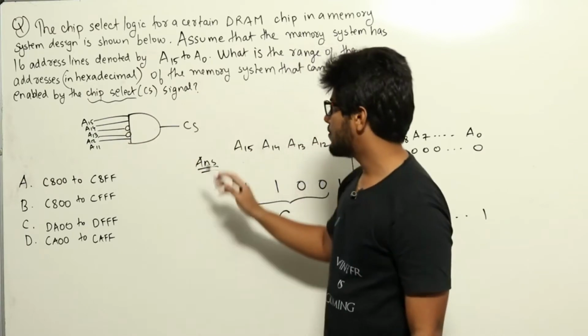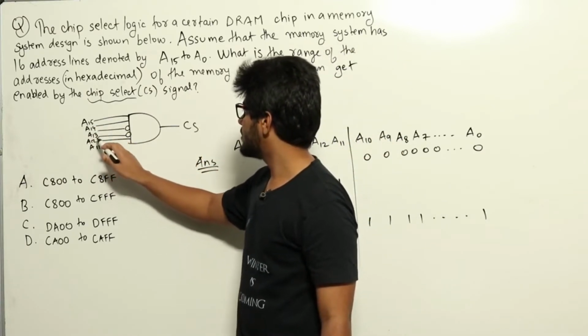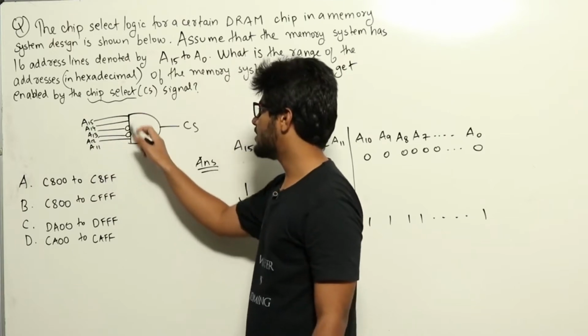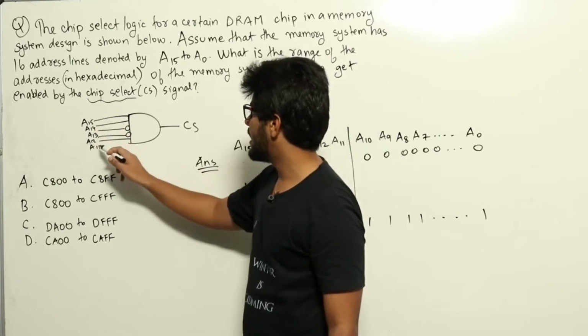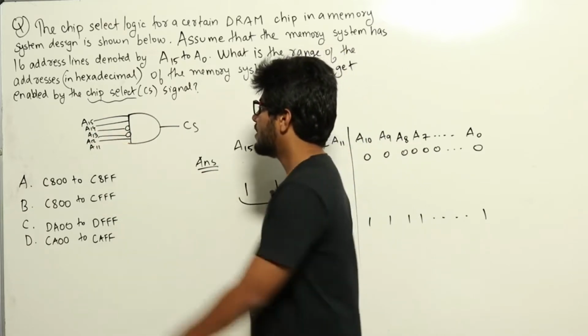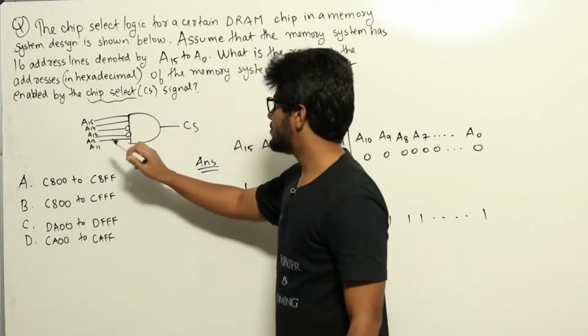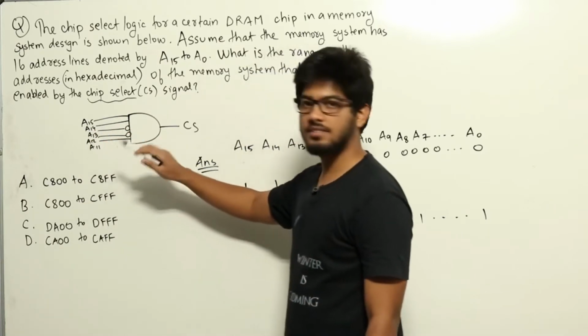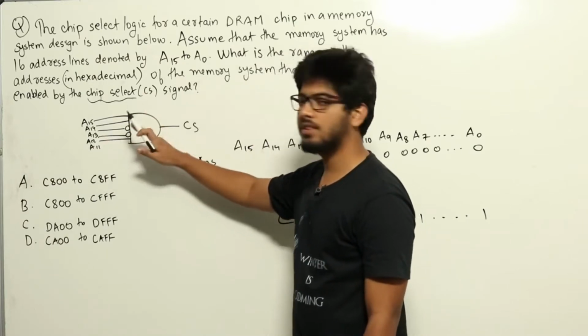See, this is an AND gate, so an AND gate will have an output of 1 only if all the inputs are 1. So if you look here, signals A15, A14 and A11 are being input in the true form to the AND gate, which means that A15, A14 and A11 should be 1. Also A13 and A12 are being input in the complement form, which means that A13 and A12 should be 0, which will make the complement 1, and only then the input to the AND gate will be 1.